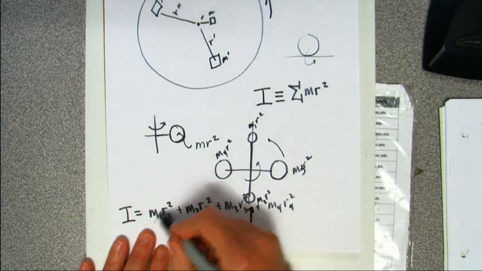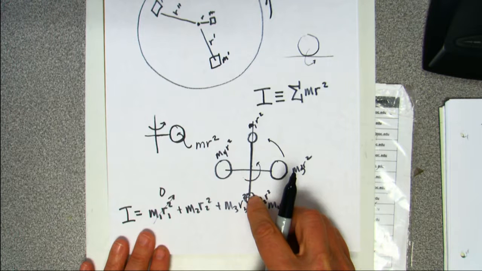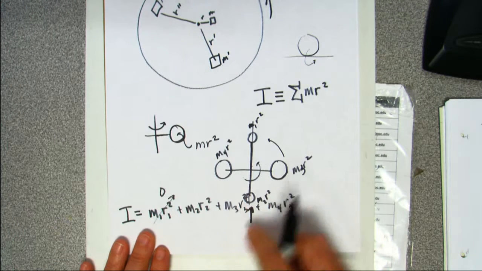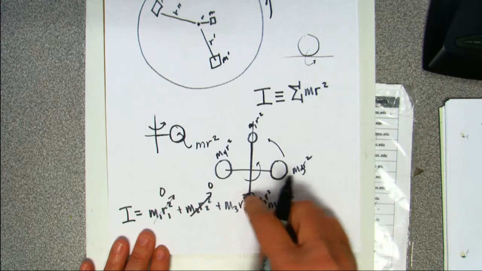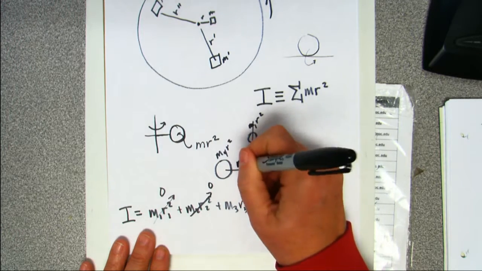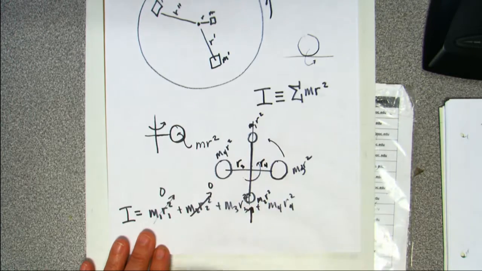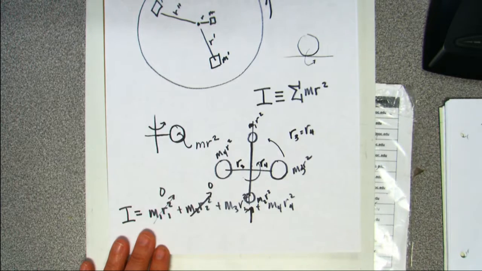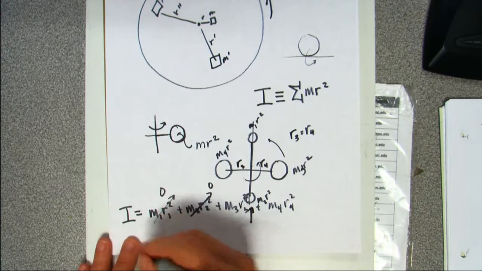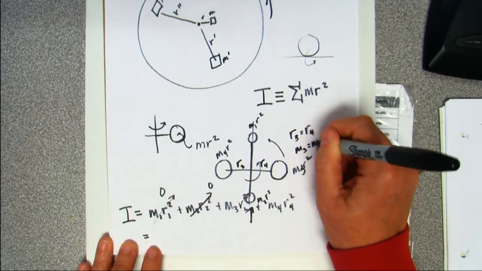That means m1 contributes 0 because there is no distance away from my axis. m2 is equal to 0 because there is no distance away from my axis. And so this is going to be r3 and this is r4, and we're going to say that r3 is equal to r4 for the purposes of this baton. And we're going to even say that m3 is equal to m4.